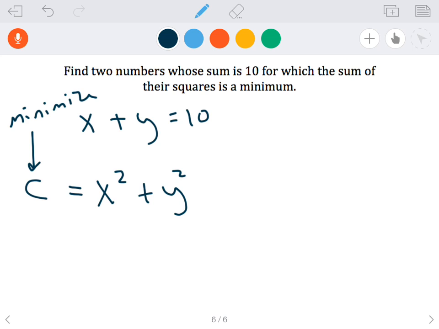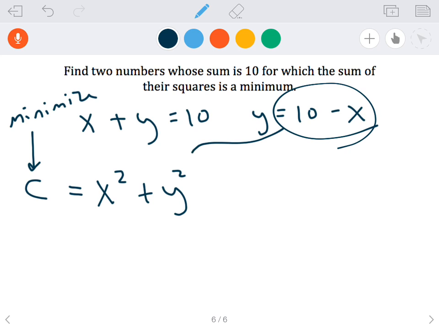So I could choose either x or y, doesn't matter. Let's get rid of the y. So I'm going to solve this top equation. Say y equals 10 minus x. And then I'm going to take this and plug it in here. So this is x squared plus 10 minus x squared.